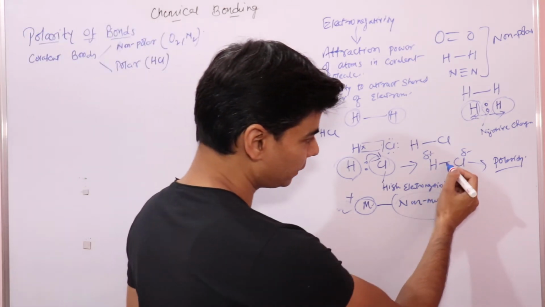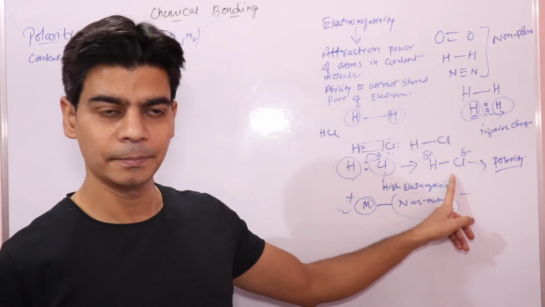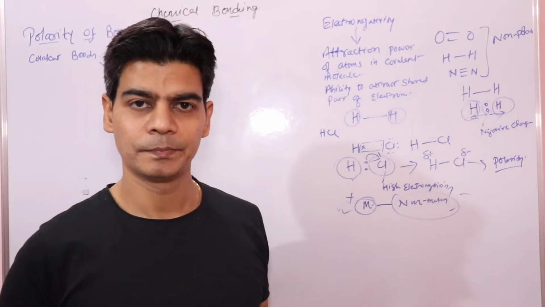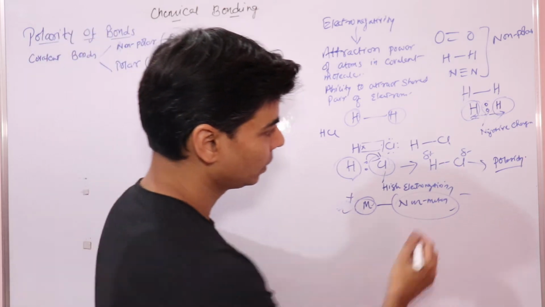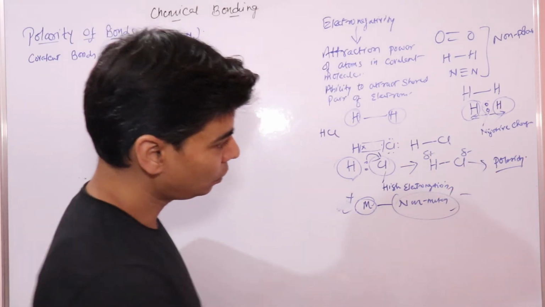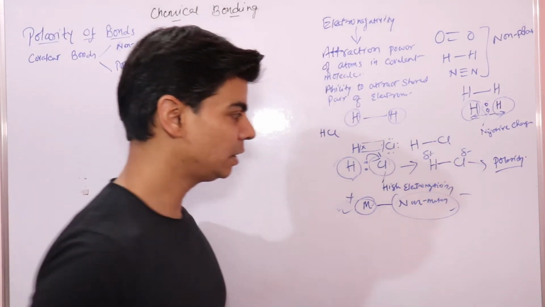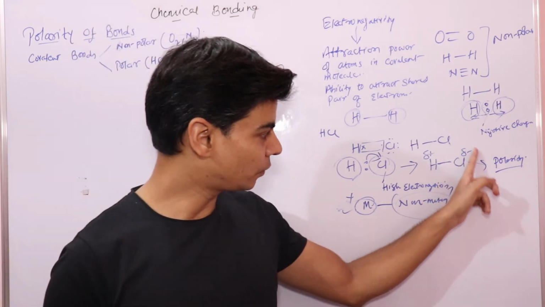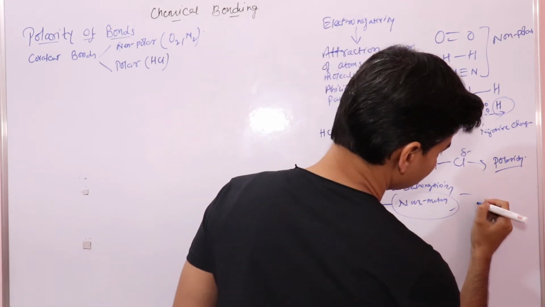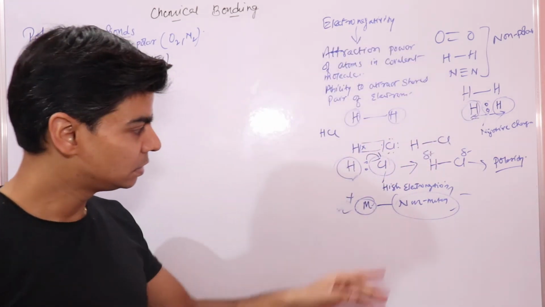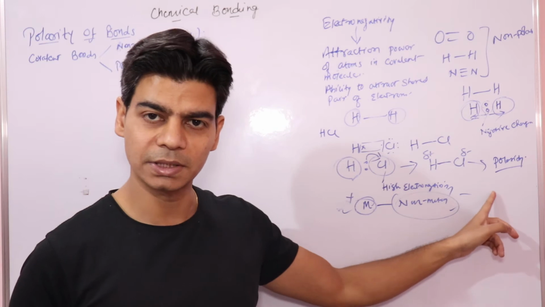Now, the ability to attract the shared pair will increase with increasing electronegativity, right? So when the electronegativity of one of the combining atoms keeps increasing, it will keep displacing the shared pair of electrons towards itself.